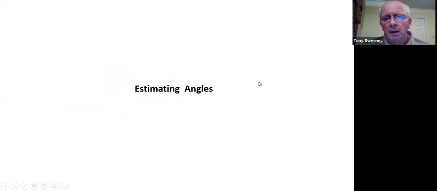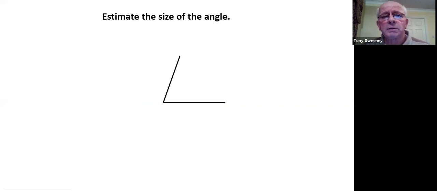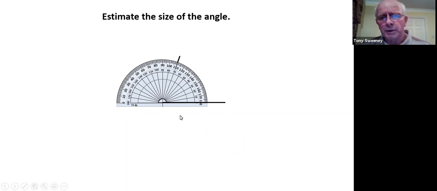So that's it. Now, related to that, I have this thing called estimating angles. Estimate the size of the angle. The student has a go at it. Now, we know that that angle is less than 90 and that it's probably greater than 50 degrees. So here we put up the protractor on it and we find out that it's 70.